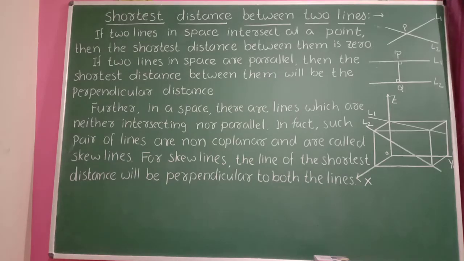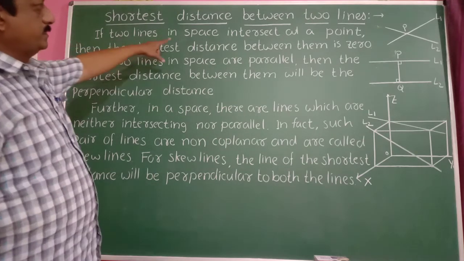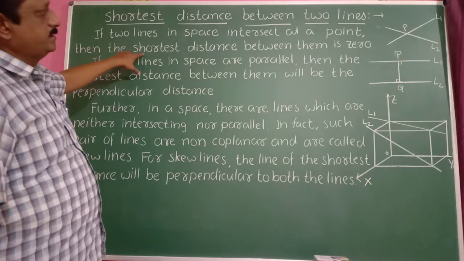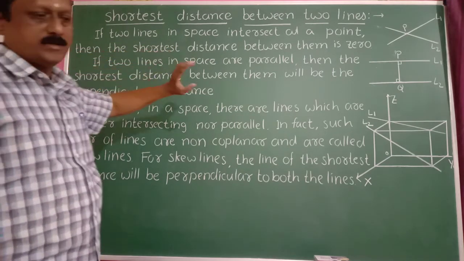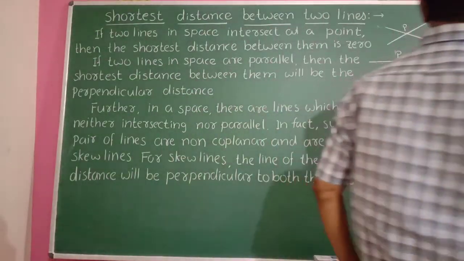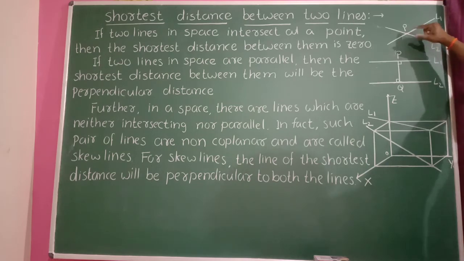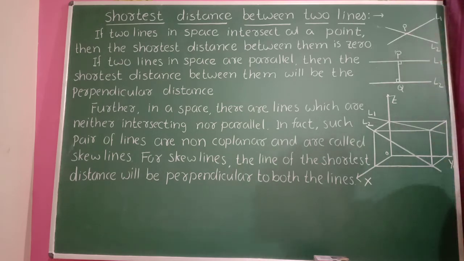So, shortest distance between two lines. If two lines in a space intersect at a point, then the shortest distance between them is 0. Consider these two lines intersecting at the point P. Then obviously the shortest distance between them is 0.